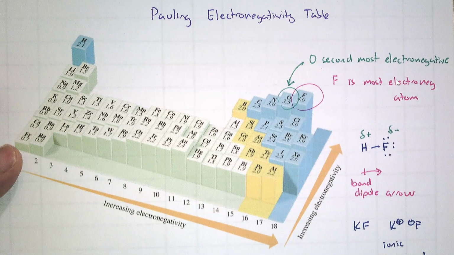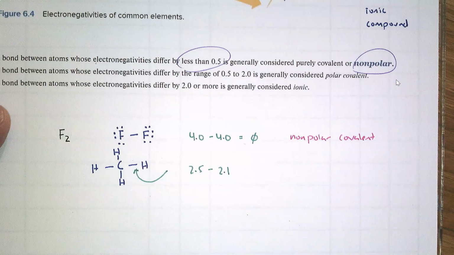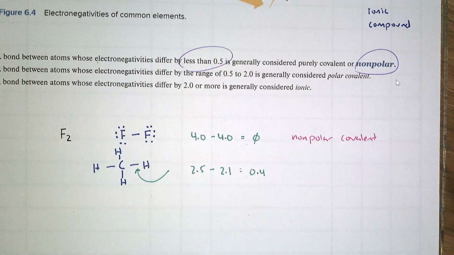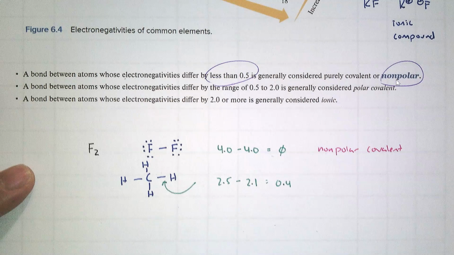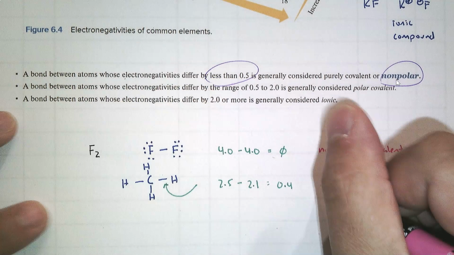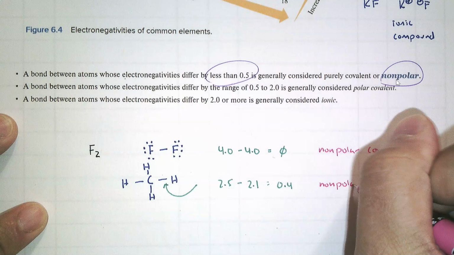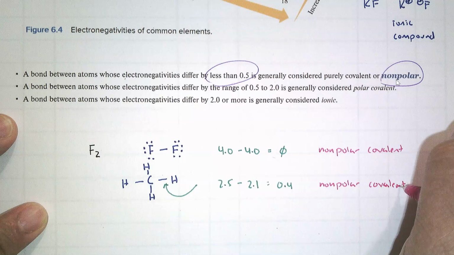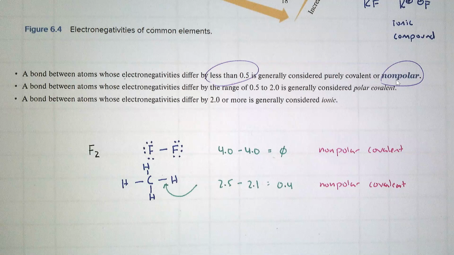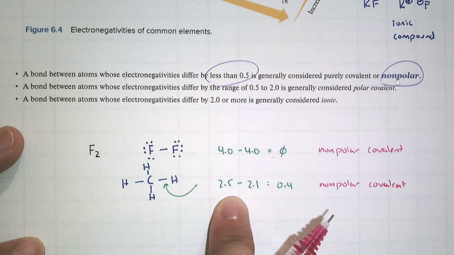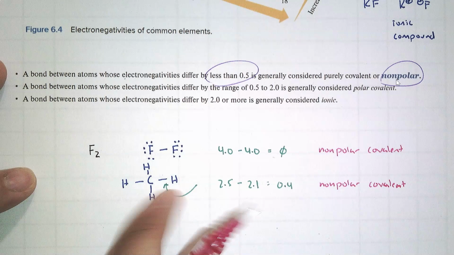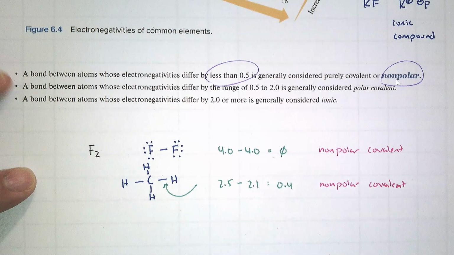What is the difference between 2.5 and 2.1? That difference is 0.4. That is still considered nonpolar covalent because of this range right here. You could think of a nonpolar covalent bond as a bond in which the electrons are pretty much equally shared. I know there's a slight difference, but it's close enough that we can consider it equally shared between the two atoms. This is CH4.